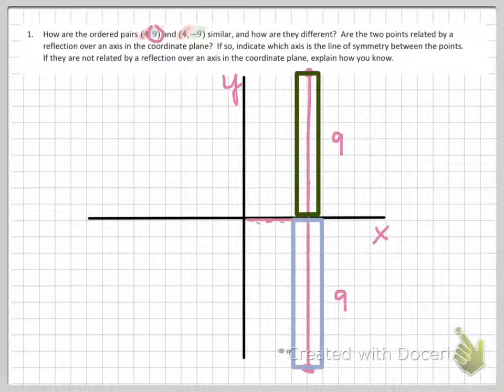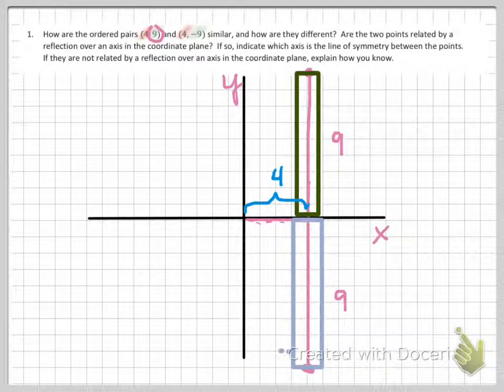Notice that they're both 4 spaces away from the y-axis. That's right here. And then from the x-axis, one is 9 above and one is 9 below. So in this way, we can see that they are reflected over the x-axis.